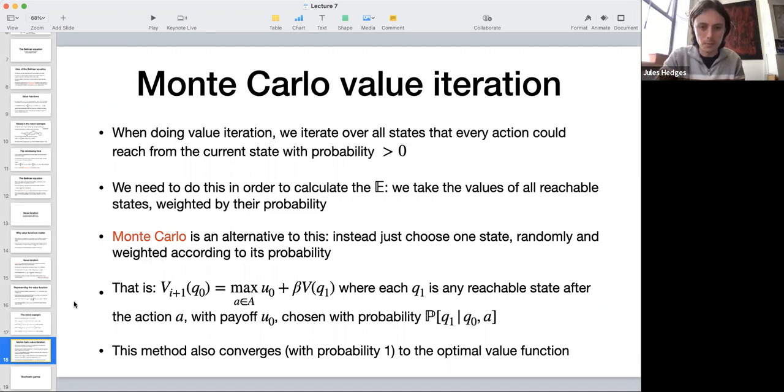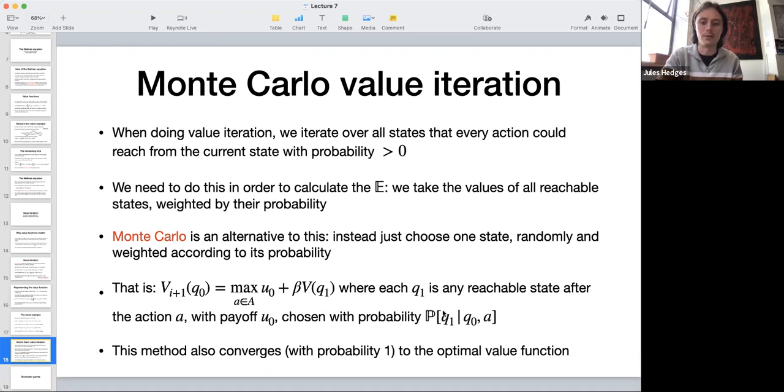So the iteration is going to be that our next estimate of the state Q0 is going to be the maximum over all actions. We're going to loop over all actions, and then for each action, we're going to choose some reachable state, and we're going to choose it in a way that is weighted according to this conditional distribution, the conditional probability of transitioning to that state given the current state and the action.